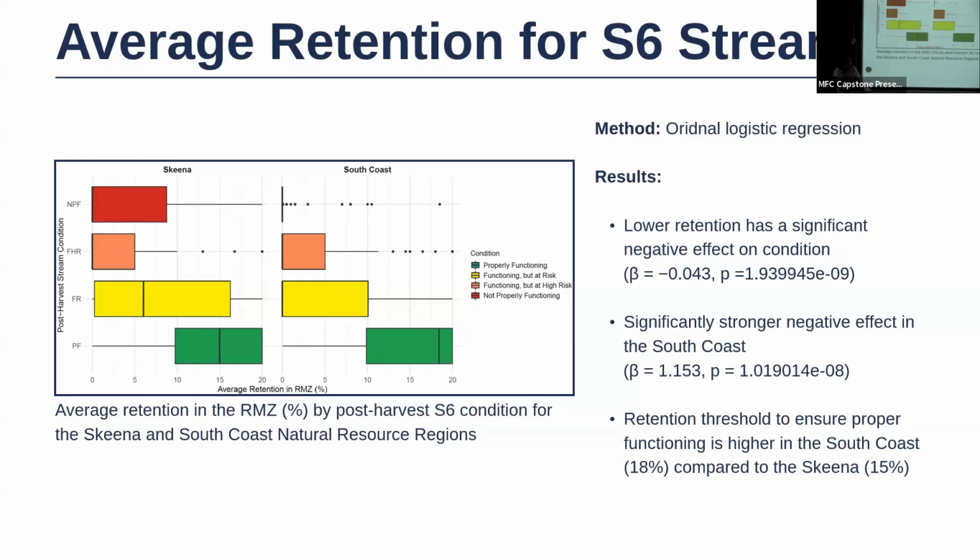But I'm just wondering, this is just for S6, right? So these are pretty small streams. I'm just wondering if there could be logging upstream, or historical logging upstream.